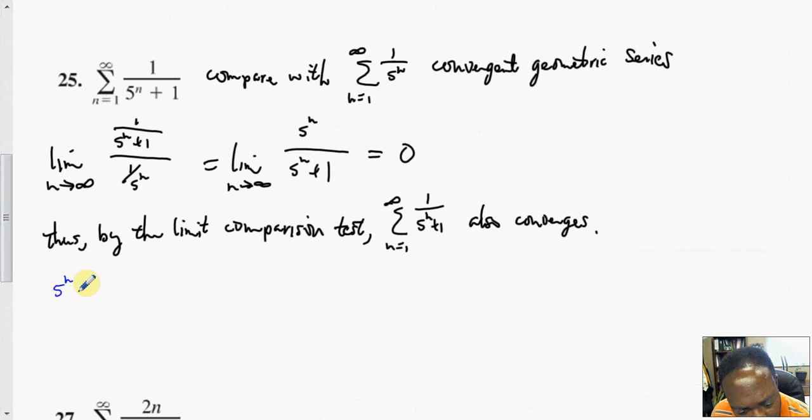So 5 to the n plus 1 is indeed greater than 5 to the n. So 1 over 5 to the n is greater than 1 over 5 to the n plus 1.